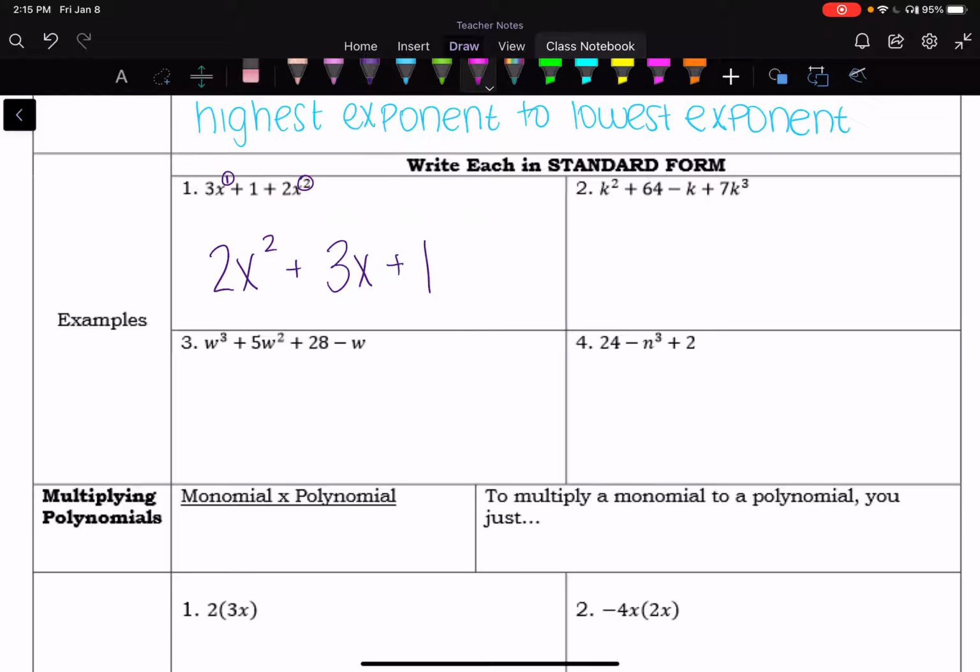Moving on to number 2, looking at this problem, my highest exponent is 7k to the third power. So that will go first. Then we are going to follow that by the next highest, which is k squared, followed by negative k, and then my constant of 64.